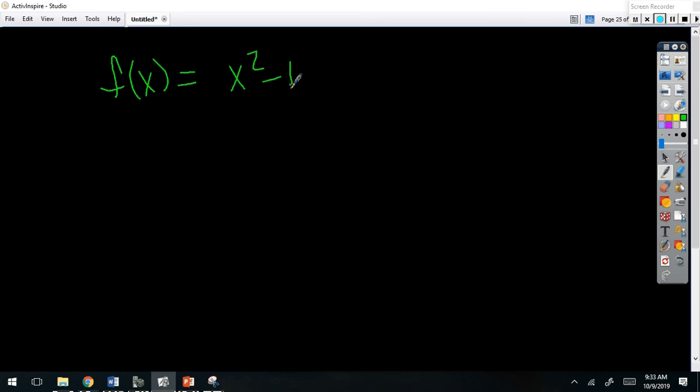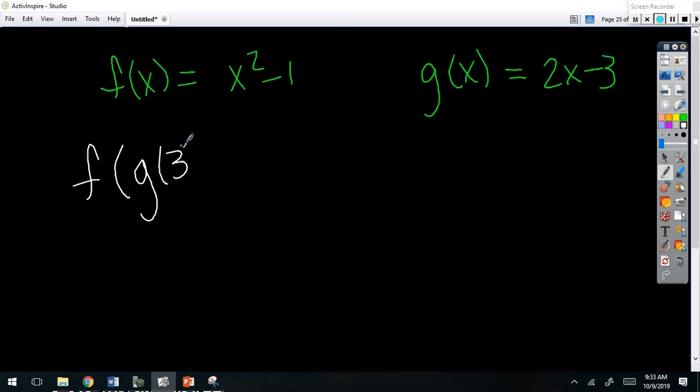So, I didn't really show you this, and maybe I should have. What if I put a number in there instead of an x? Exactly. So the first thing I need to do is I need to say, well, what's g of 3? Because that's what's going to be going in for f, right?